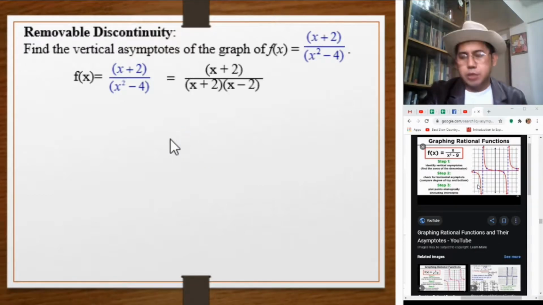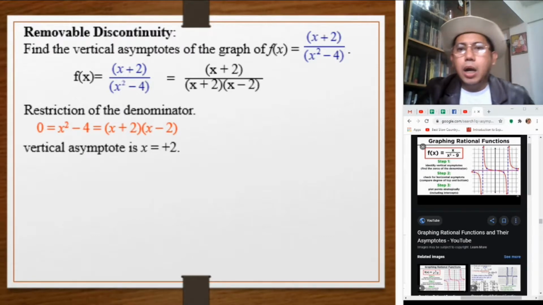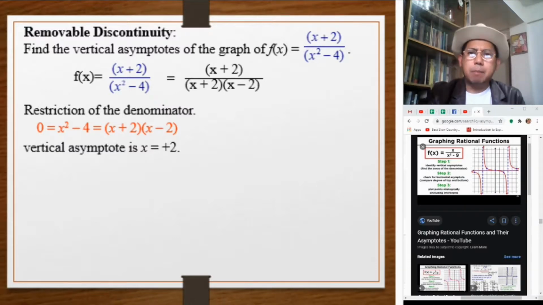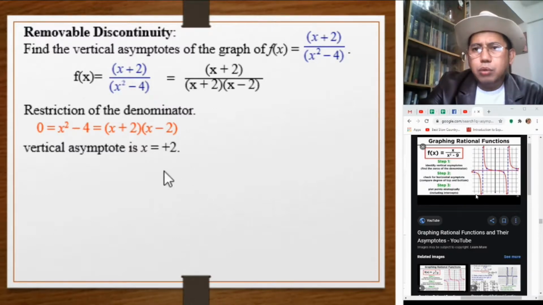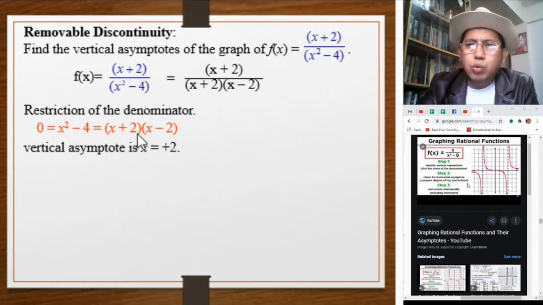So the restrictions would be positive and negative 2. But the vertical asymptote would be positive 2. What would be the domain of the problem? The domain of the problem is all real numbers except positive 2 and negative 2.